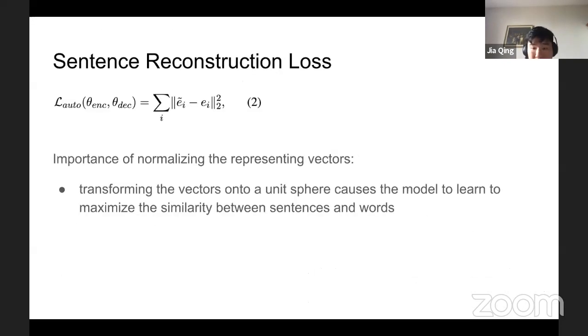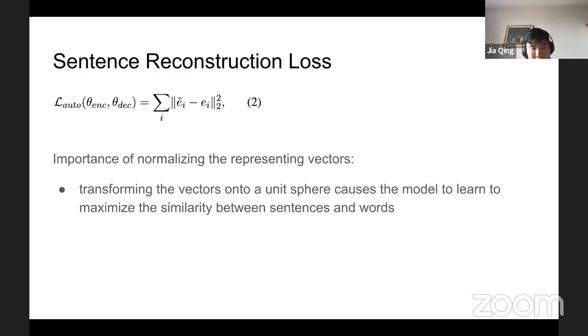One more thing to note is that it's important to normalize the representation vectors of the sentences, because this loss is essentially comparing the similarity between the input sequence and the decoded sequence that is trying to predict what the input sentence was.